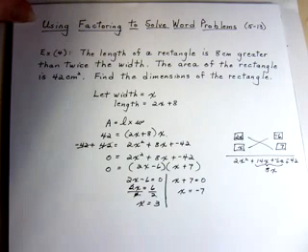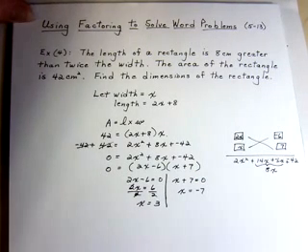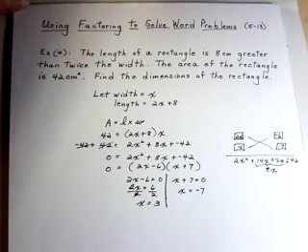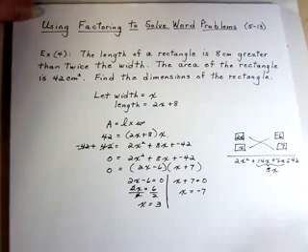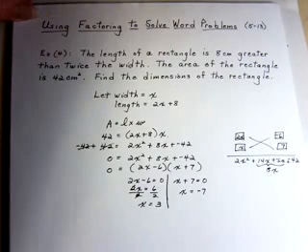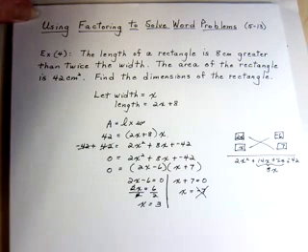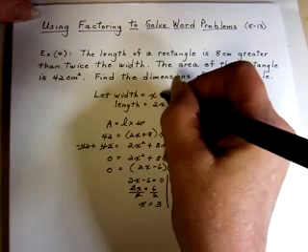We need to omit one of these solutions. The negative 7, because measurement cannot be negative. Okay, so there's no such thing as a rectangle that has a width of negative 7 centimeters. So this one we ignore, and we go with the positive 3 for our solution.